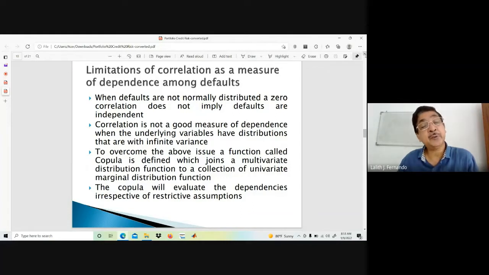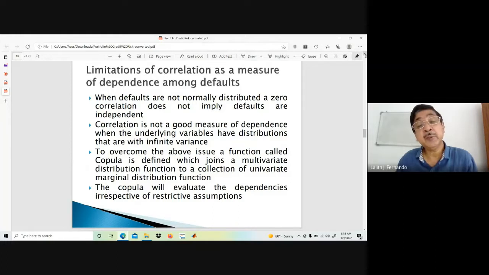There's no hard and fast rule to say that, but there's a convention that if you have a portfolio with more than 30 loans, we can take it as approximately normally distributed. But if you have more than 100 advances in one portfolio, invariably you can say normally distributed defaults would be there.